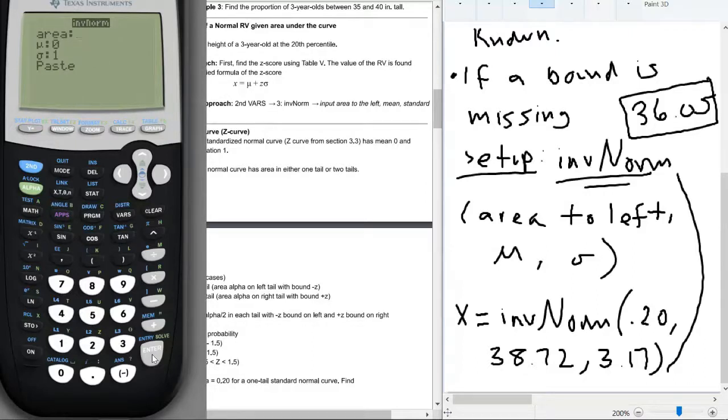It needs area, mu, and sigma. The 3 things: area, which is 0.20. We need the mean, so the mean of the 3-year-old height, 38.72. And then the spread was 3.17. For those of you using the TI-84, you'll paste and then hit enter, and it'll also find the missing bound, 36.05.